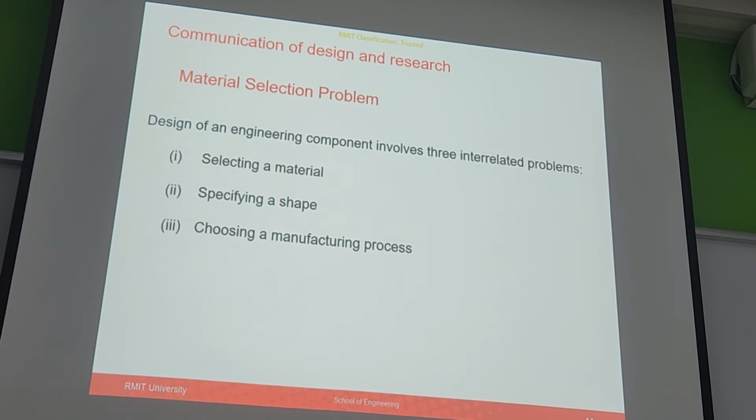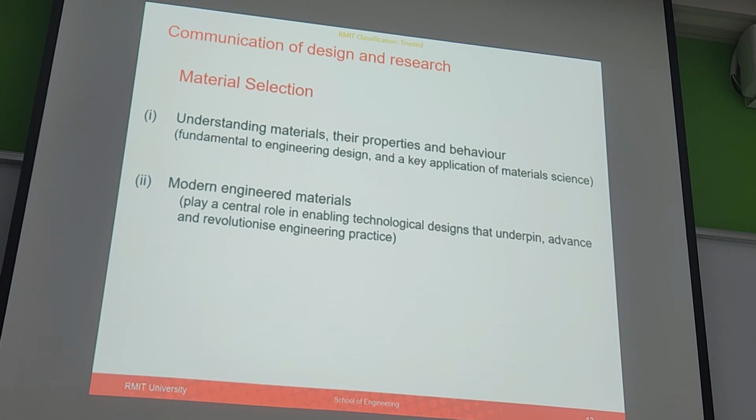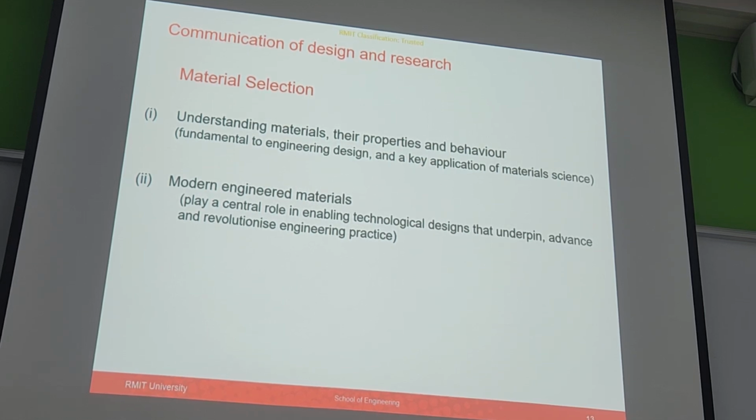For material selection, we have to consider all the materials we have for engineering. We have to find modern engineered materials. Sometimes you say, Hami, I'd like to design, for example, a keyboard, can you use it please? You can go to the book, or any textbooks, to find which material we can use.